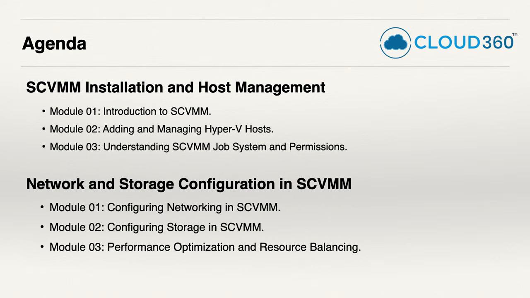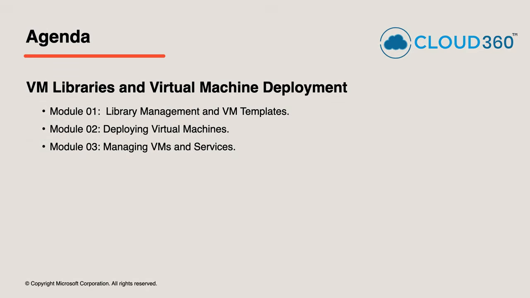Performance optimization and resource balancing will be the final topic in this second learning path, where we will discuss how we can do the dynamic optimization to distribute the load across the different hosts inside a cluster.